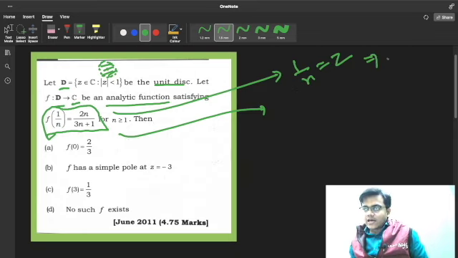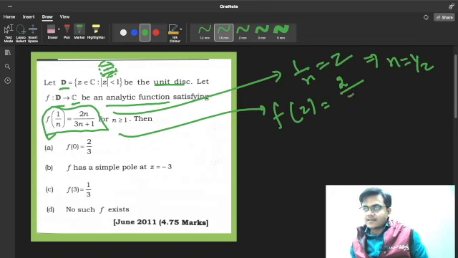Then your n will be equal to 1 by z. So you will write your f as f of z is equal to 2 by z upon 3 by z plus 1. Finally you will write it as 2 by z upon (3 plus z) divided by z.